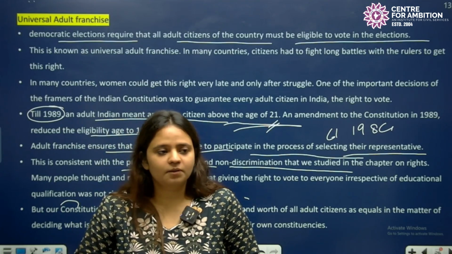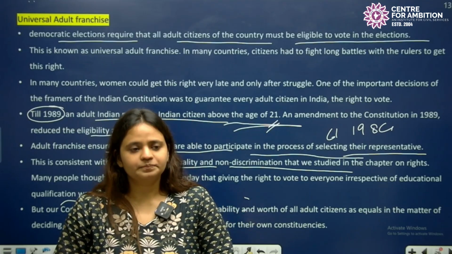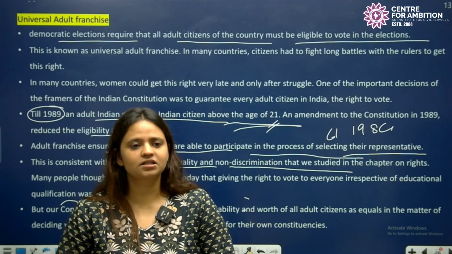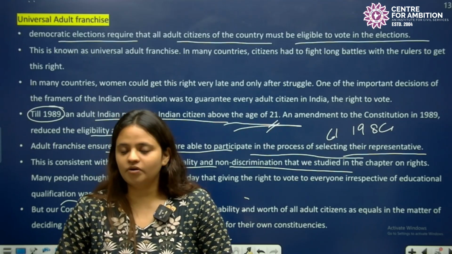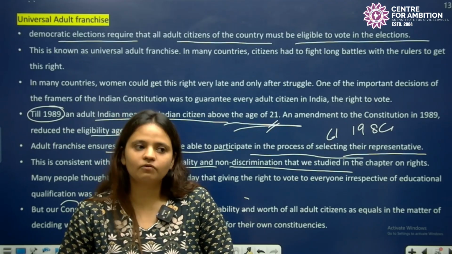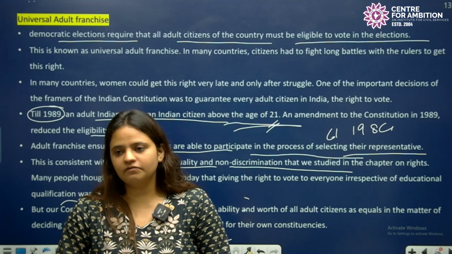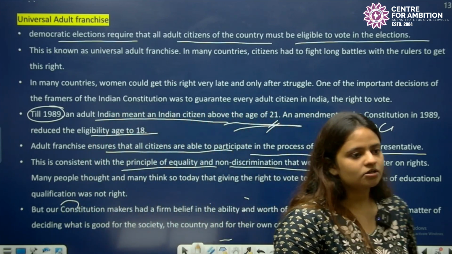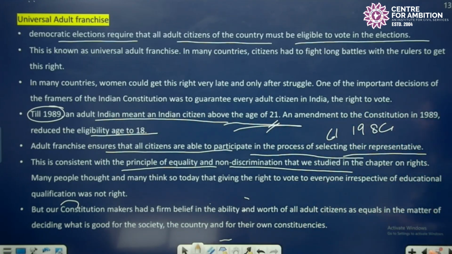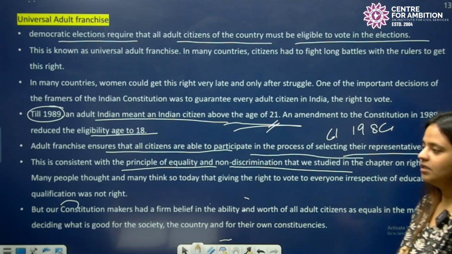So there was a debate then: is it wise to give everybody the equal right of choosing the government, of choosing the representative, even though they are not that much qualified? The discussion had a lot of controversies as well.